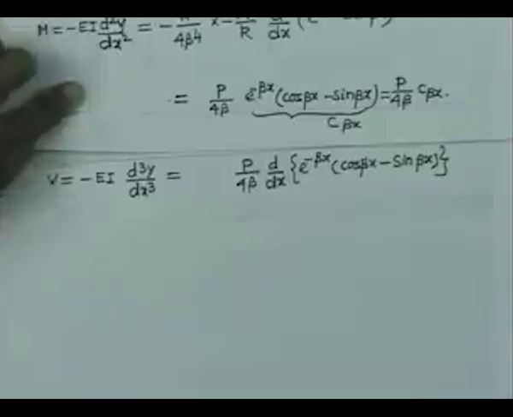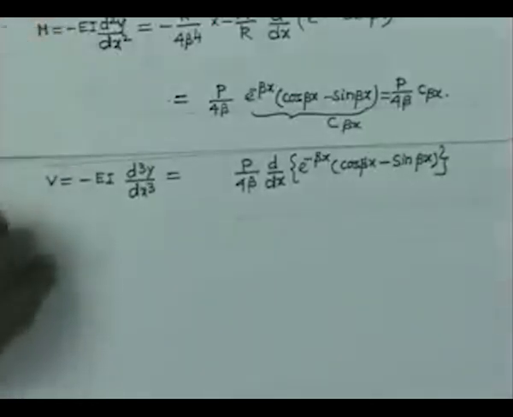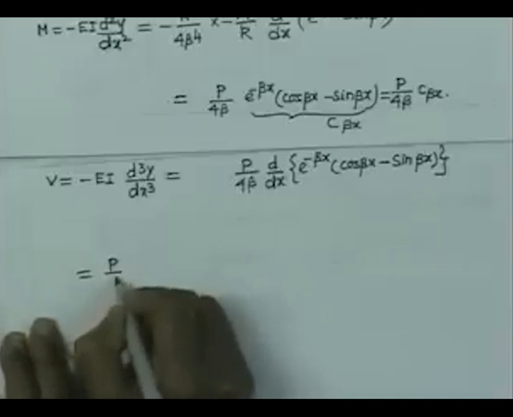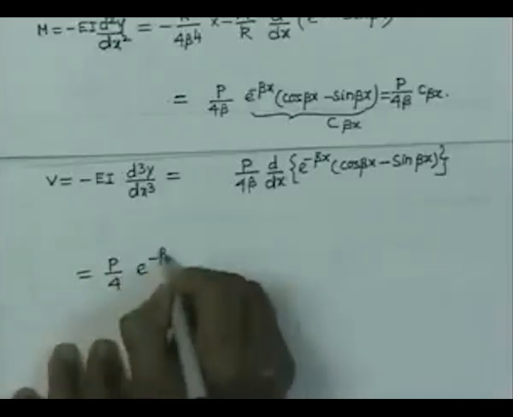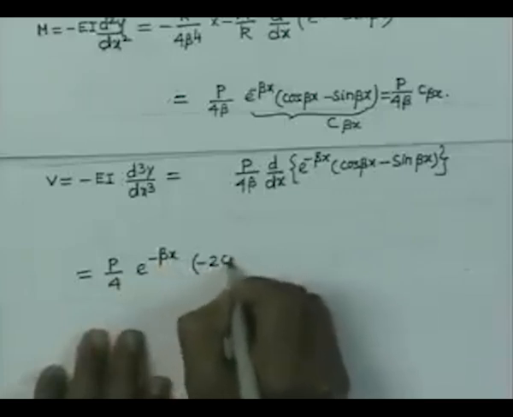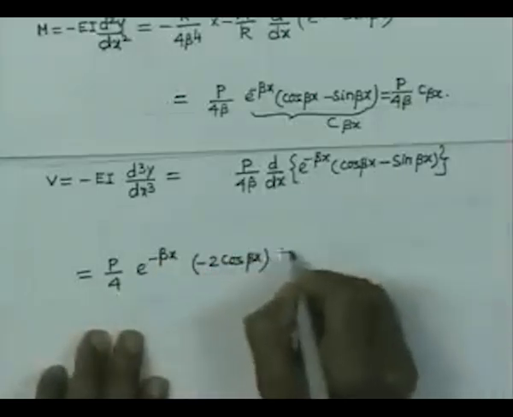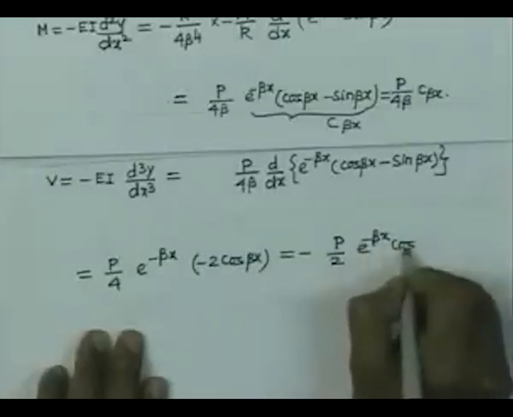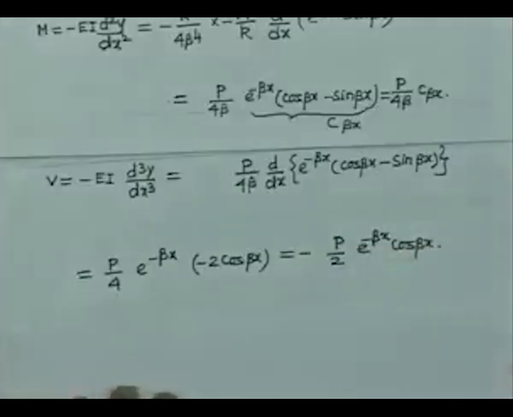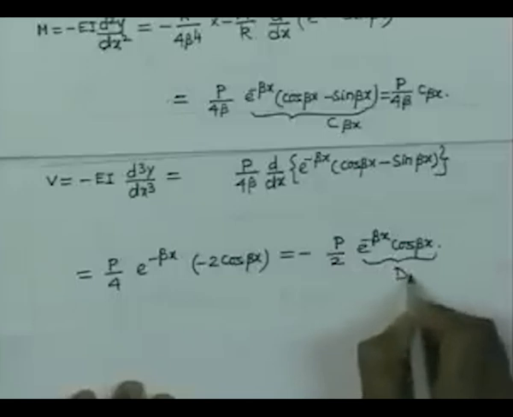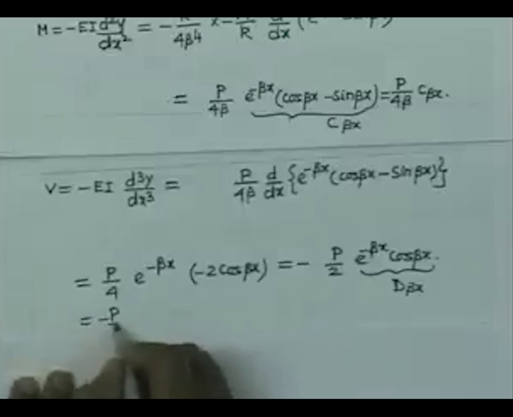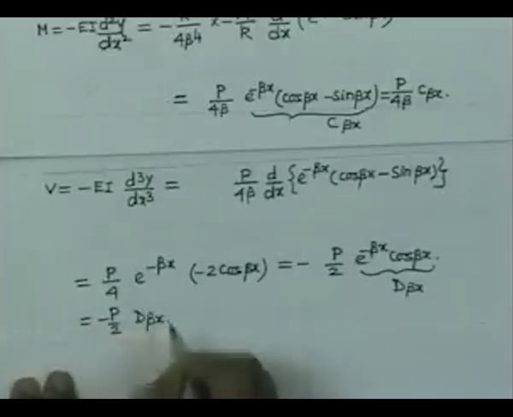So, we have this expression, and this is again a routine function which you can easily differentiate, and finally what you get out of it is p by 4 e to the power minus beta x, minus twice cos beta x, which is equal to p by 2 e to the power minus beta x cosine beta x, and this we represent by D beta x, and therefore this expression becomes minus p by 2 D beta x.